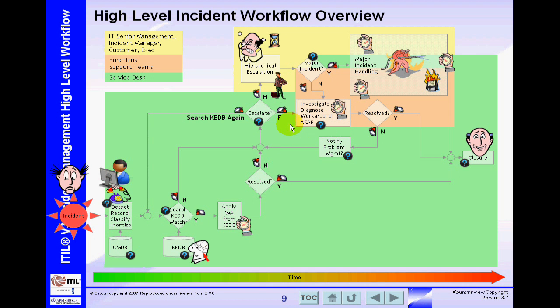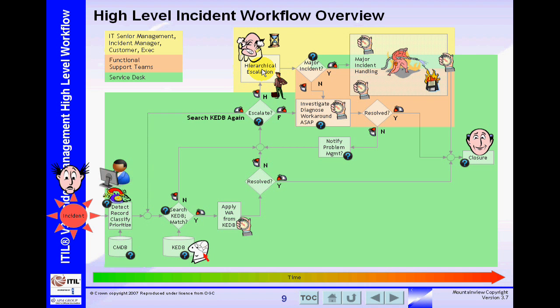As we go through this cycle of functional escalations, where each of these various subject matter expert groups are working on the incident, for example, network group, Unix group, database group, each not being able to resolve the incident, we then have to come to a determination as to whether or not we need to hierarchically escalate this, because we cannot resolve this within the service level target or the timeline that has been identified within the service level agreement.